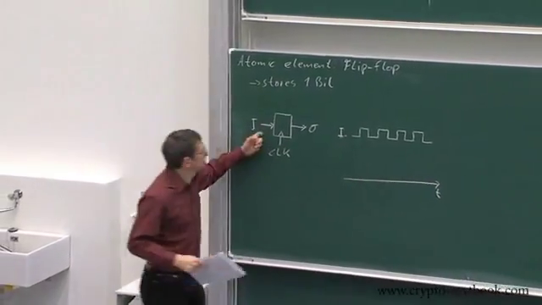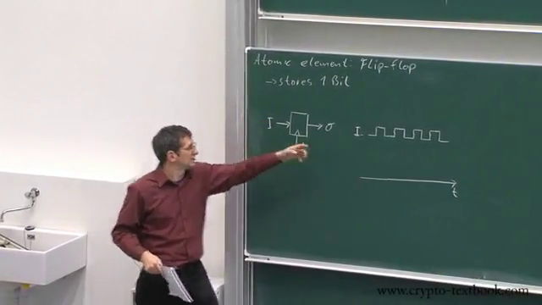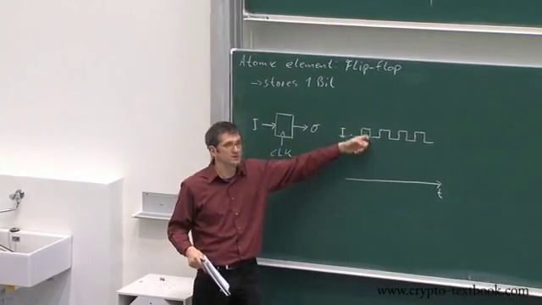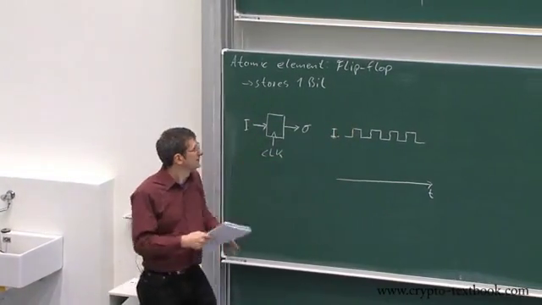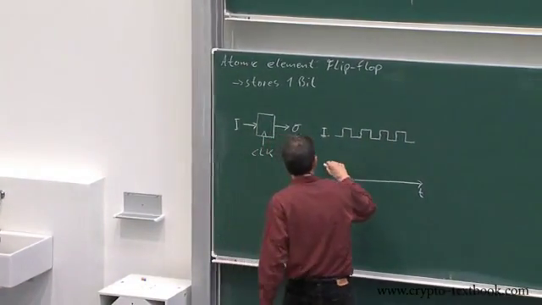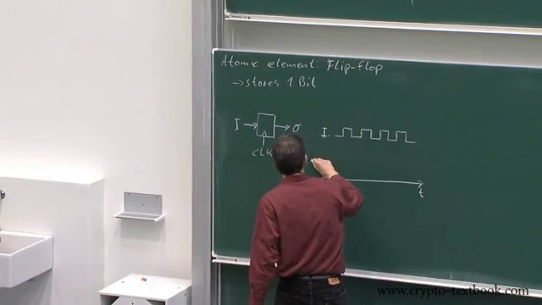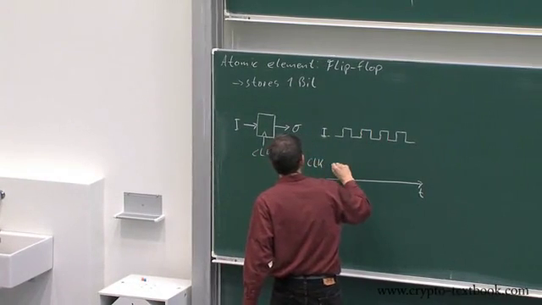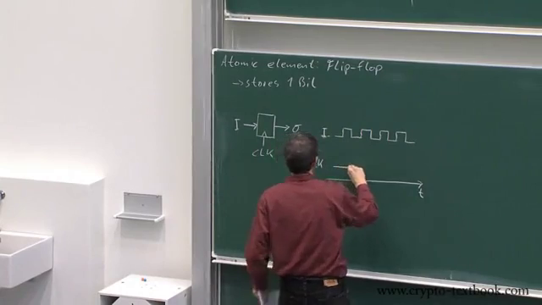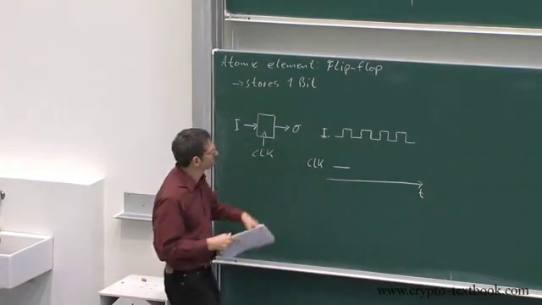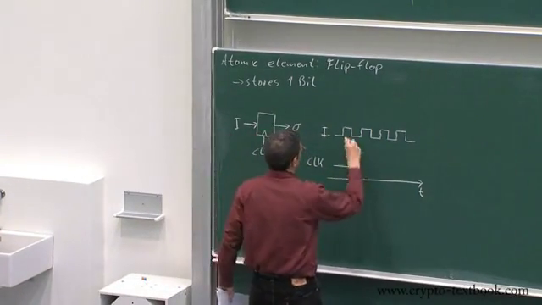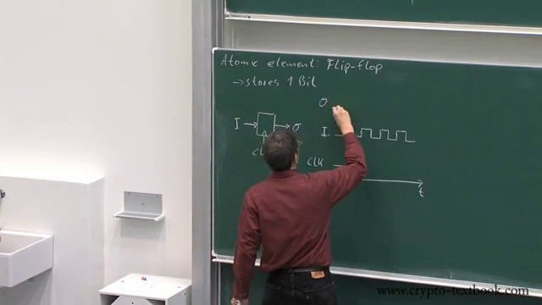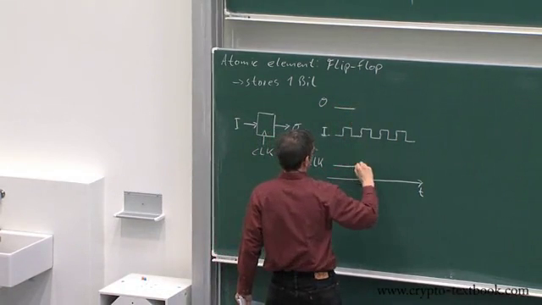That means the input always goes up and down, right? This is a 0 bit, a 1 bit, 0 bit, 1 bit. Okay, it's happening. So, and now we look what's happening on the output, and as long as the clock is low, nothing happens. That means the output also stays low, okay?